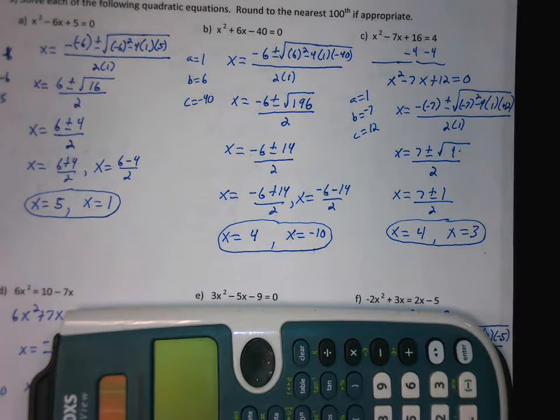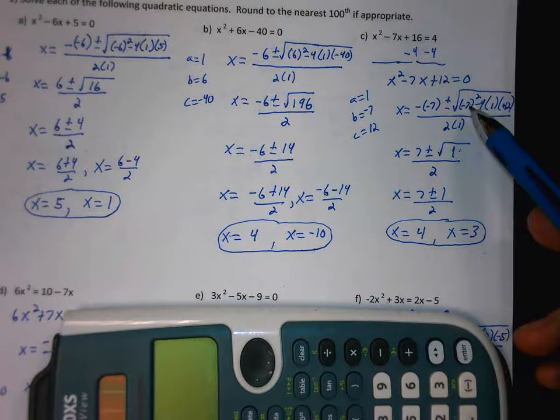So we do 7 plus or minus 1, all divided by 2. There we get answers of x equals 4 and x equals 3. And if you're not getting that, make sure you're putting negative 7 in parentheses when you square it.